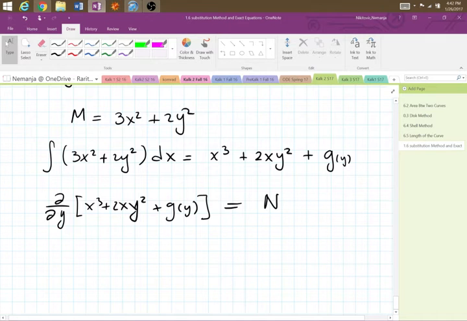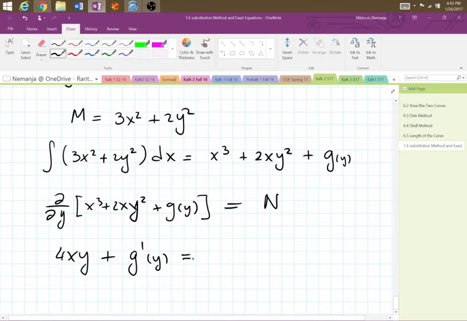So what we get here is, x cubed dies. The partial derivative of this is going to be 4xy plus g prime of y, because you are taking the partial derivative of the function that is just y, so it's just a basic derivative. And that is equal to n.